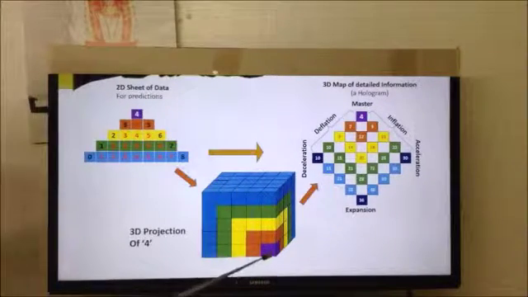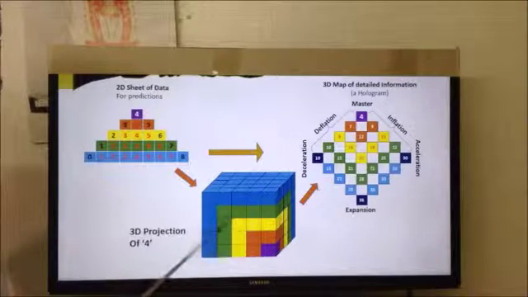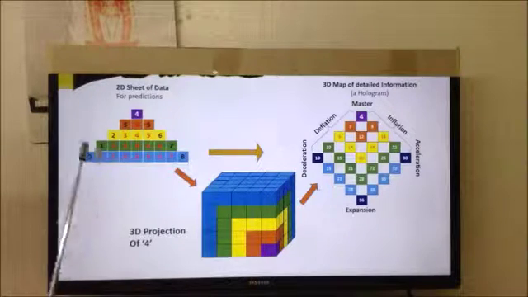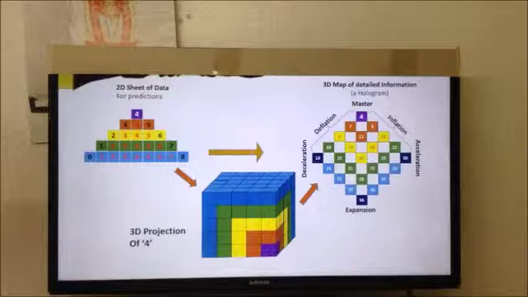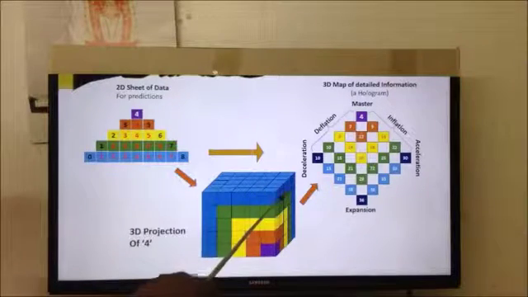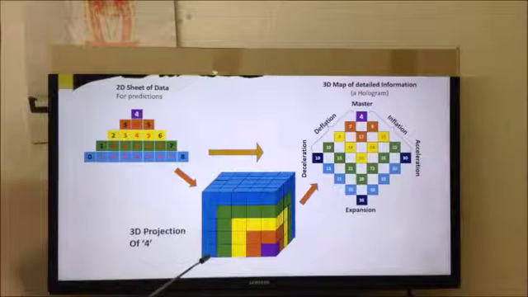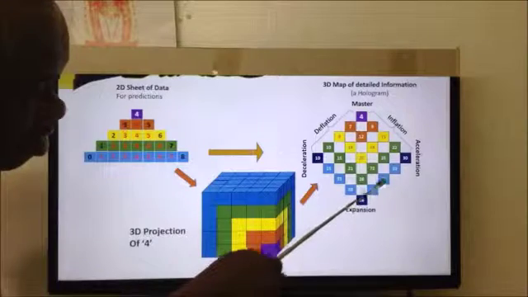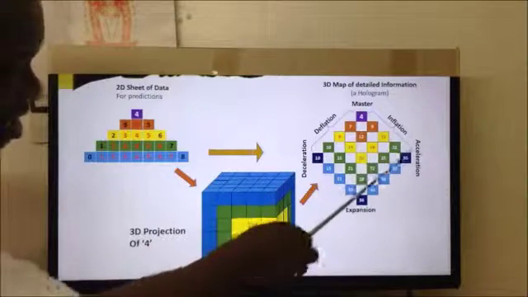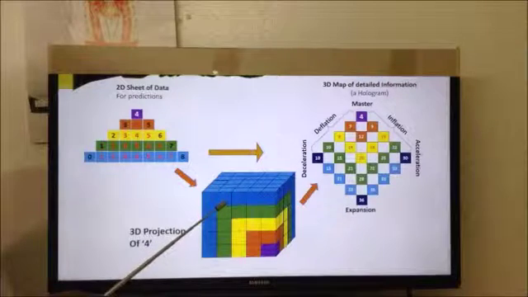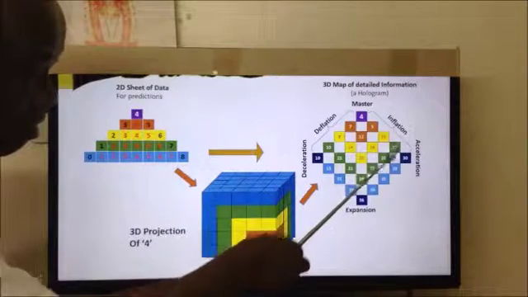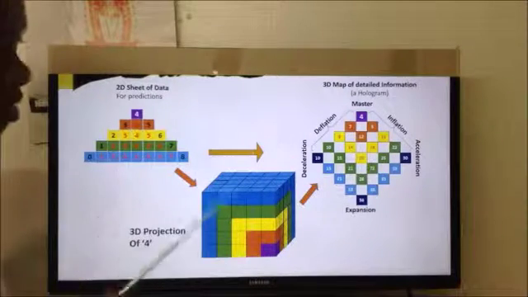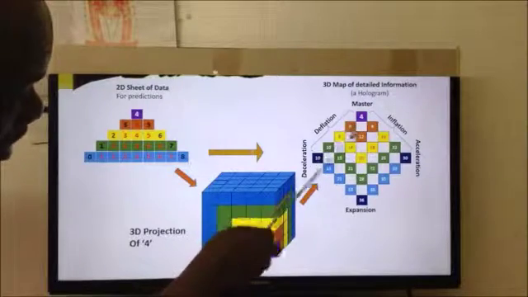Then you will see that the information, for example, from this blue cubic arrow here will be occupying only this in blue. So all of this came from the blue here. The green came from the green arrow. The brown came from the brown.